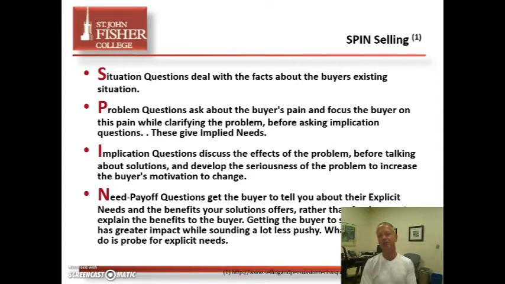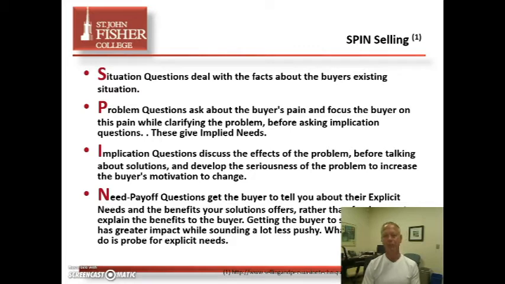So situational questions deal with the facts about the buyer's existing situation. What's going on in the particular buyer's business, what's going on in their products, what's going on with whatever happens to be in the business. Then problem questions ask about the buyer's pain and focus the buyer on this pain while clarifying the problem.